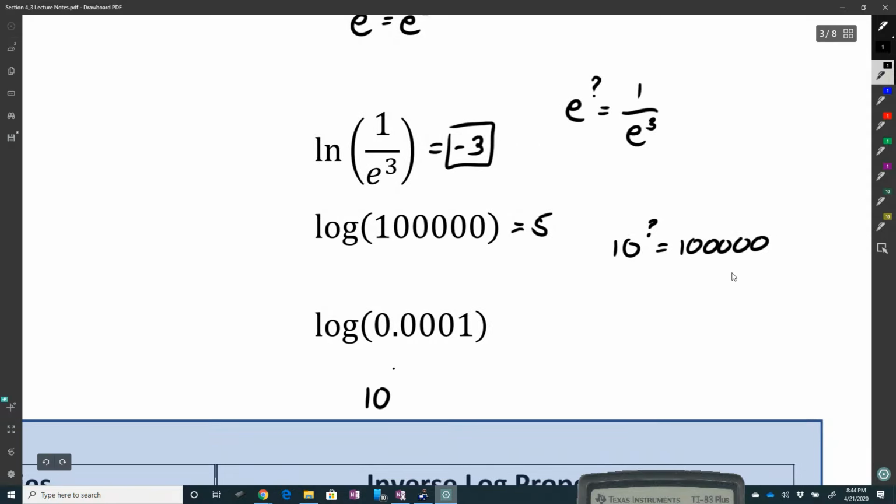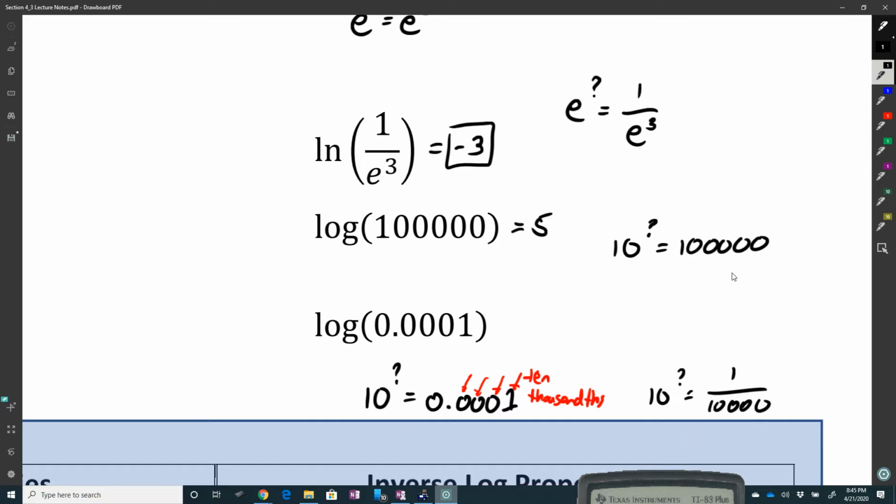So 10 to the what equals 0.0001? Well, if you look at place value, this is the tens place, tenths place, hundredths, thousandths, 10,000ths place. And so this means that this is really 10 to the what equals 1 over 10,000.